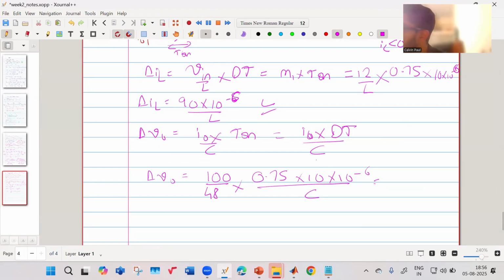Okay. So it is 15.625 into 10 to the power minus 6 upon C.